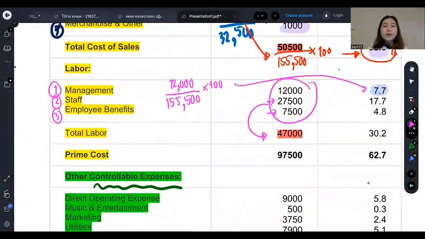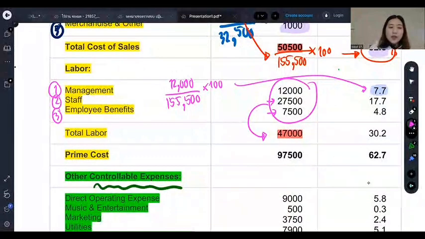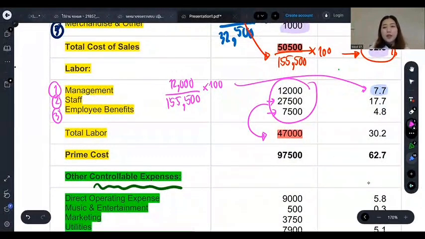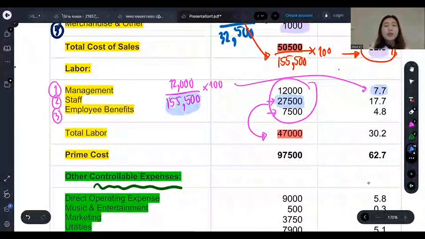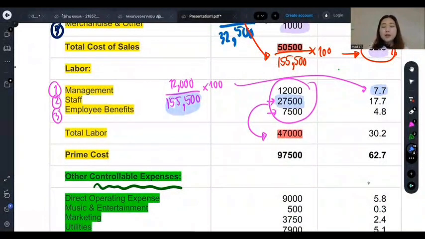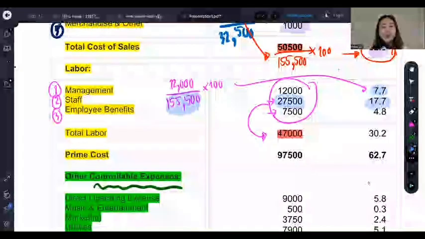We can use this idea to find the staff cost percentage by using this amount of the staff cost and then dividing by the revenue and then multiply with 100, we will get 17.7%.